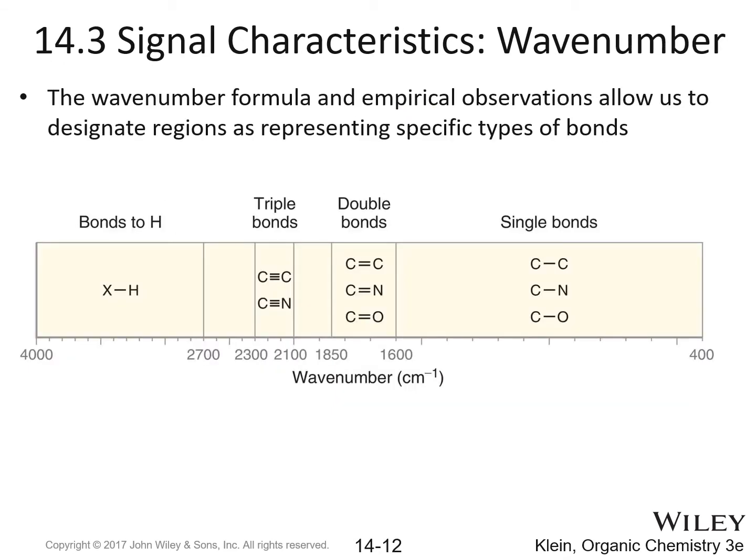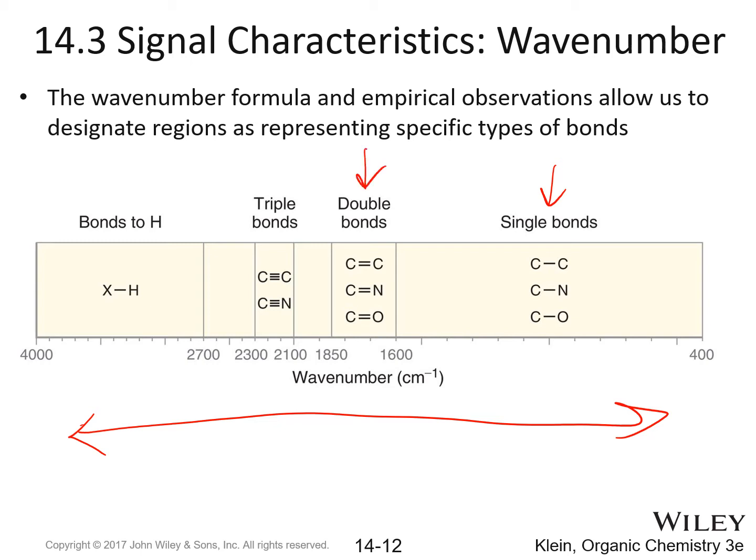All right, so we can begin by looking at where on this x-axis certain types of bonds will give us a peak. We're able to see that single bonds have a very low wave number.